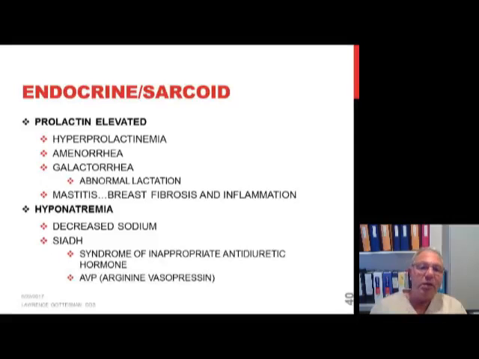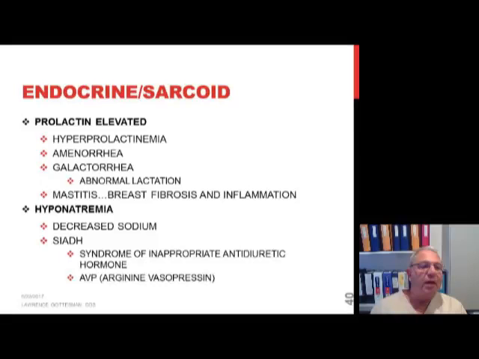Also associated with a prolactinoma and also associated with excess prolactin production as a result of a disorder like sarcoid, you can develop amenorrhea, cessation of your menses, and galactorrhea, which is abnormal lactation associated with prolactin production.